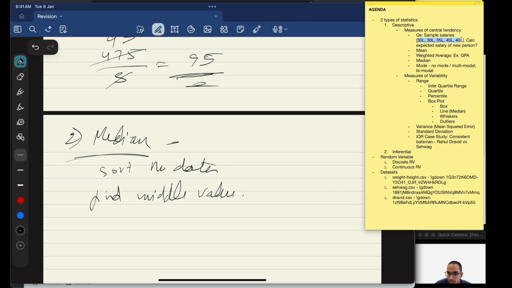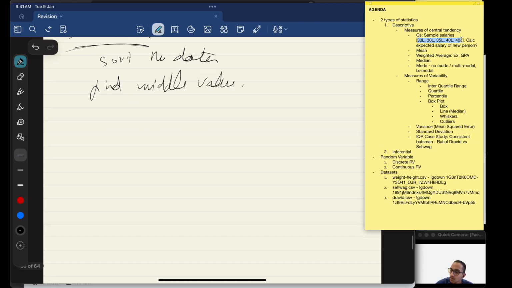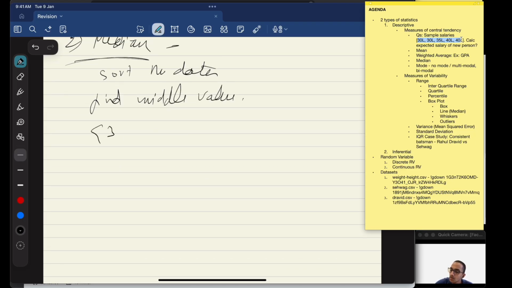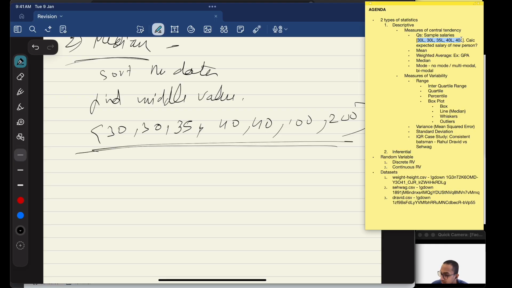So what we will do is take the above example: 30, 30, 35, 40, 40, 100, 200. What would be the middle value in this one? The data set is sorted already, right? It's already in ascending order.